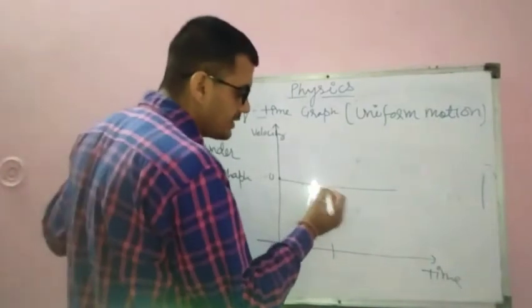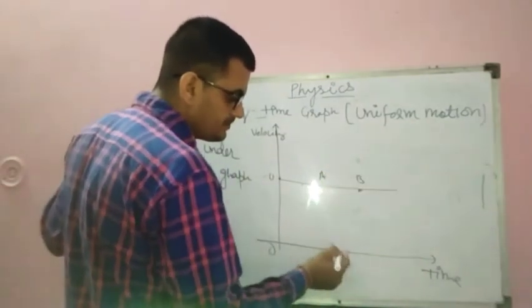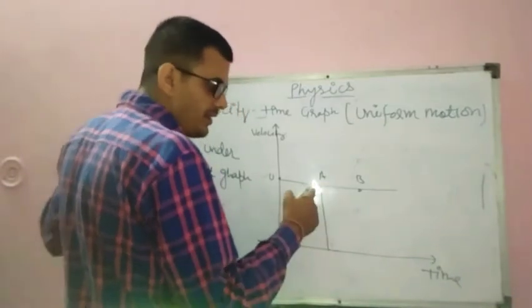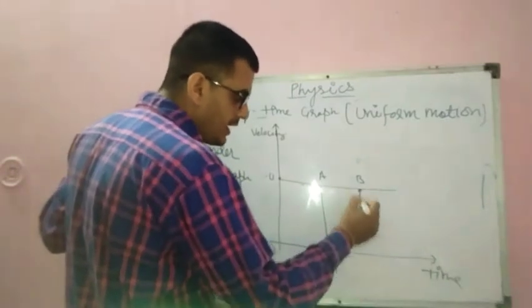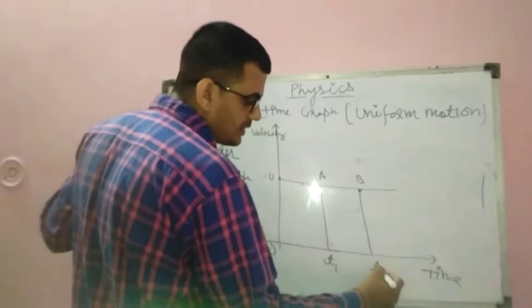So students, take two points A and B here. Suppose when the body is at point A, time is t1, and when the body is at point B, time is t2.